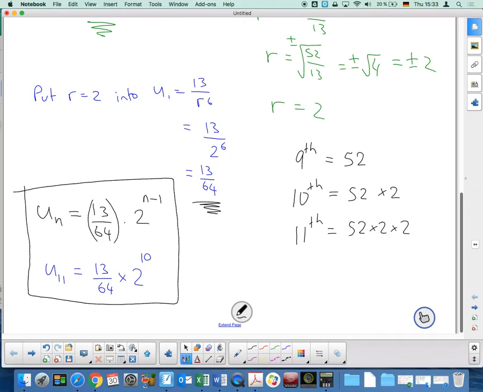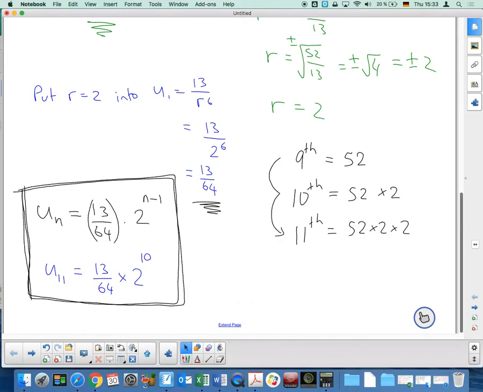If I don't have to multiply too far, I can simply use the common ratio to get the answer. So just be aware that there are two different approaches to getting the final answer there, but the full method where you solve simultaneously and then recreate your general formula will work in every single situation, every single scenario.